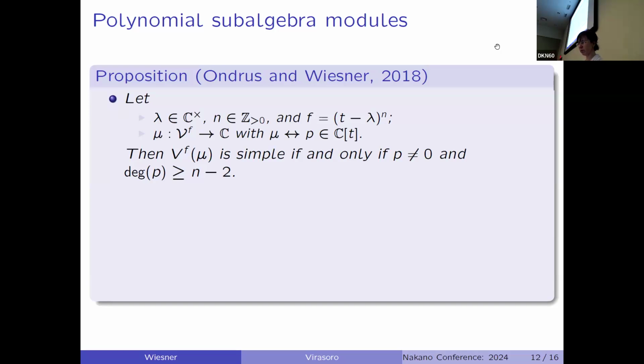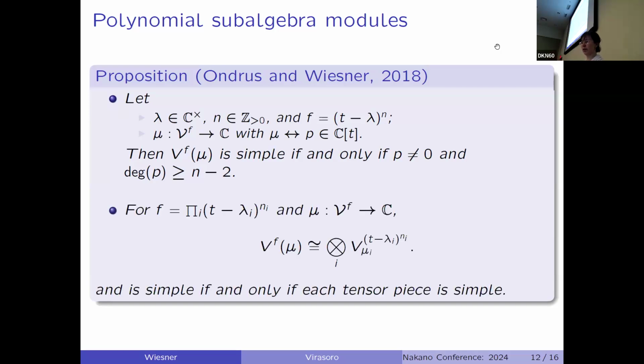Okay, and then for the general polynomial f, we can take that induced module and write it as a tensor product, one term for each of the factors. And that's what we get there. The induced module is going to be simple exactly when each of the tensor pieces is simple.